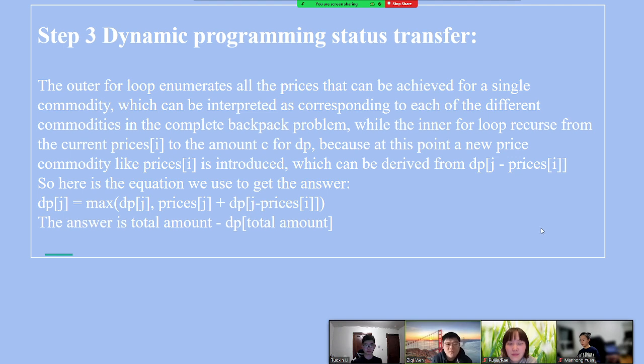The inner loop runs from the current price[i] to the amount C for DP, because at this point a new price commodity like prices[i] is introduced, which can be derived from DP[j - prices[i]]. So here's the equation we can use to get the final answer: DP[j] equals the maximum of DP[j] and prices[i] + DP[j - prices[i]]. The answer is the total amount of money minus DP[total amount of money].